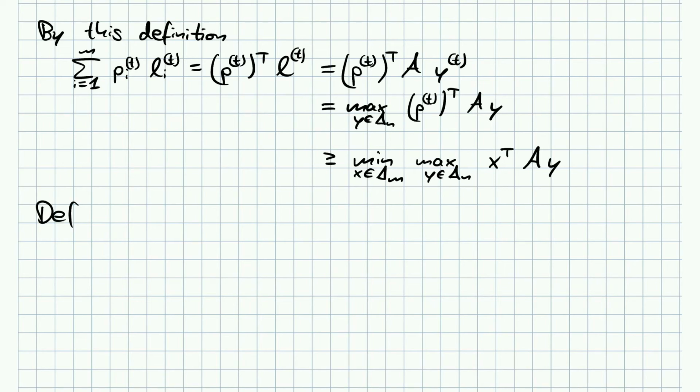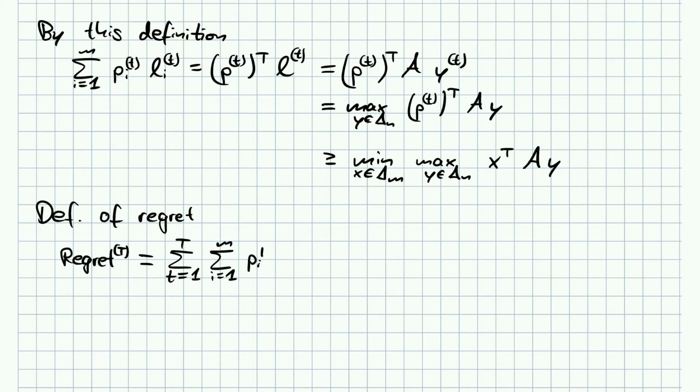The definition of the regret after capital T steps is: take the sum over all time steps, take the sum over all experts, and then the probability that we choose this expert times the cost we incur by choosing this expert, minus the cost of the best single expert.